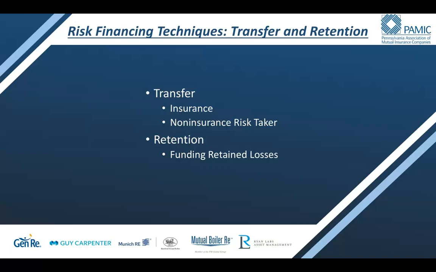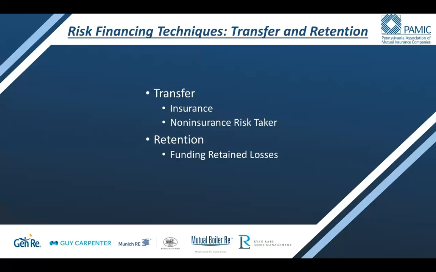That's the easiest way to explain transfer and retention in the insurance world: the insurance company will retain so much, and they will reinsure the balance. And almost every insurance company reinsures. There's very few insurance companies out there that will be on the hook for the entire book of business that they have. Even the largest ones in the world are going to have reinsurance someplace. It's just one of the features of it.